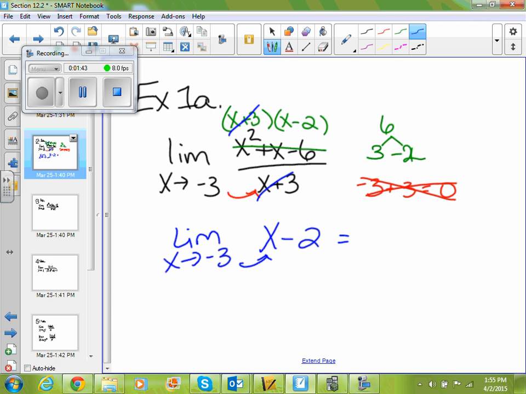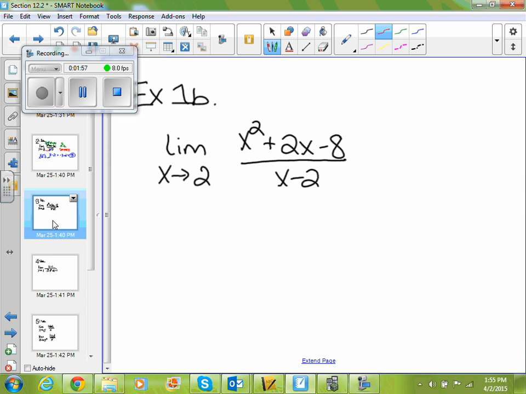Then you plug in your minus 3, so negative 3 minus 2, which is negative 5. So basically it's like factoring.